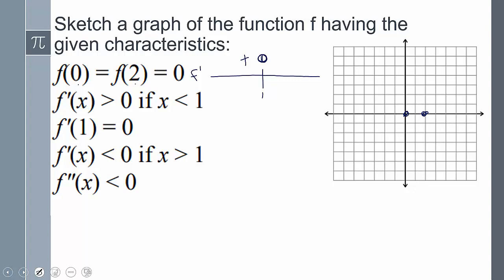And then it's negative when x is greater than 1. Interesting. And then f double prime of x: on this interval, everything is concave downward, because my second derivative is less than 0.